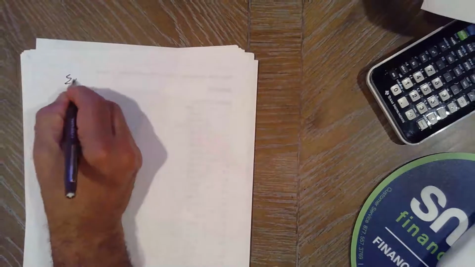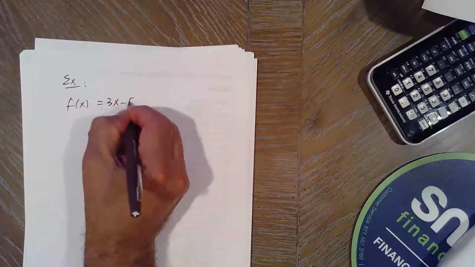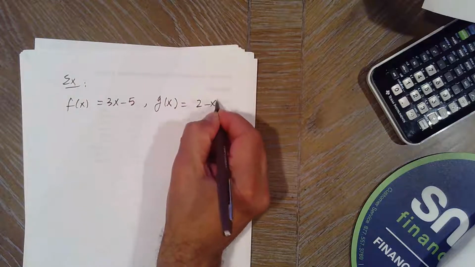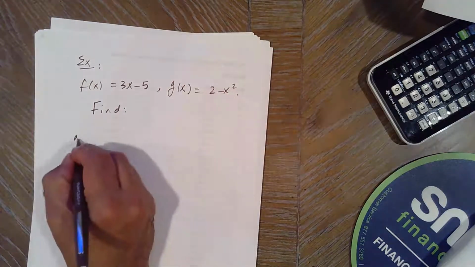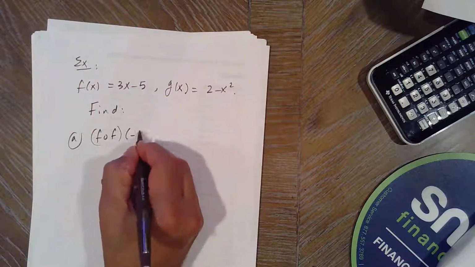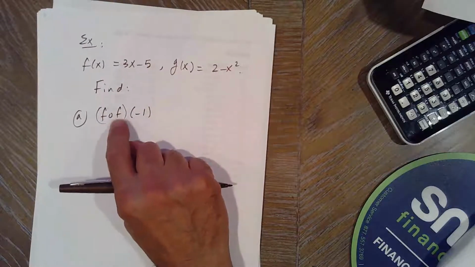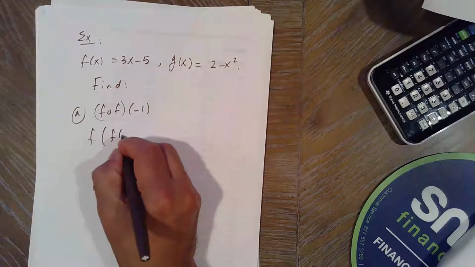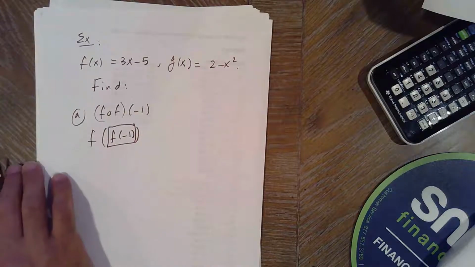So if we look at this example, f of x equals 3x minus 5 and g of x equals 2 minus x squared. Just a warm-up example. Part A: find f composite f of -1. So we're inputting -1 into f, and then we're inputting f of -1 into f again, no g. So we're going to start with the inner function, f of -1.